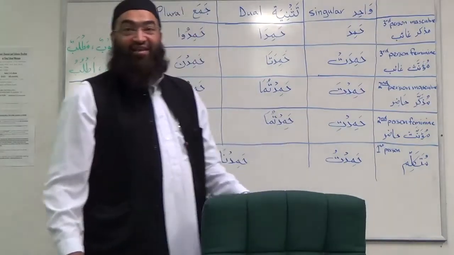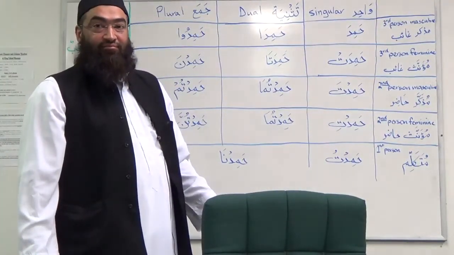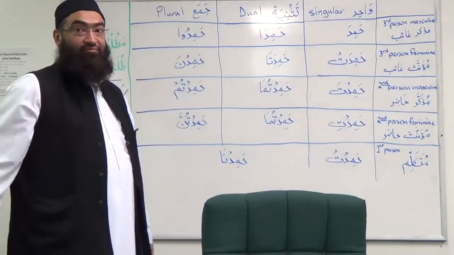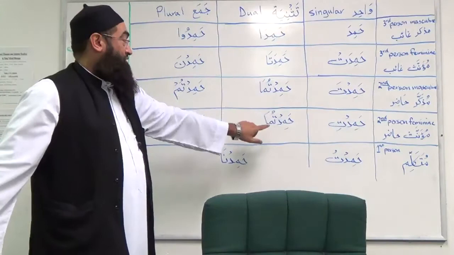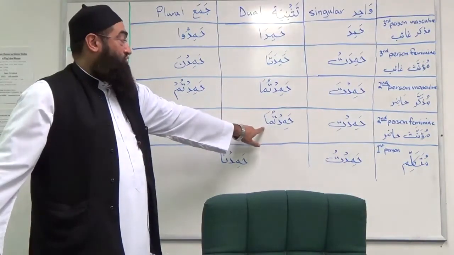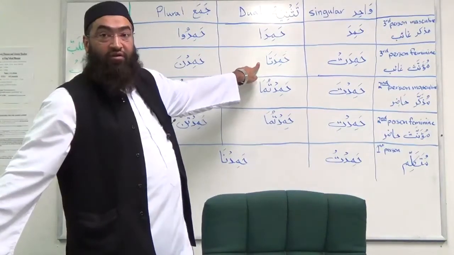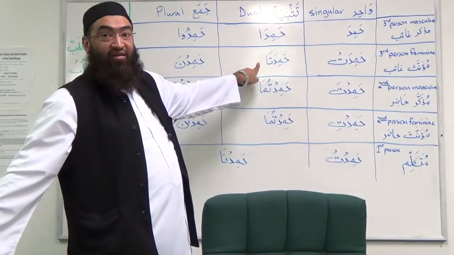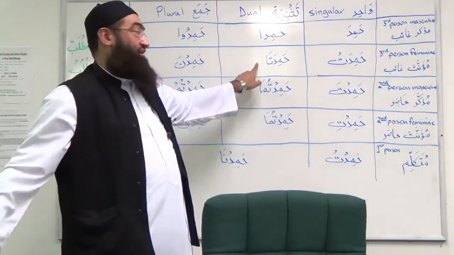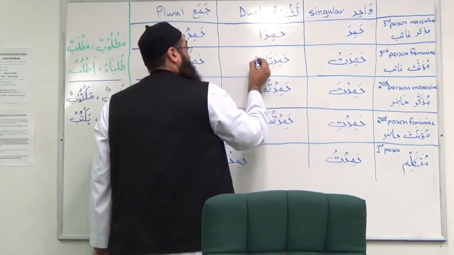Question? Yes. If I want to say Hamidata, those two ladies praised Allah, and I want to add Allah because of the alif there, how do I change that? So this is what's going to happen.